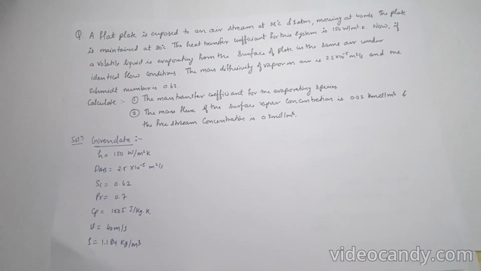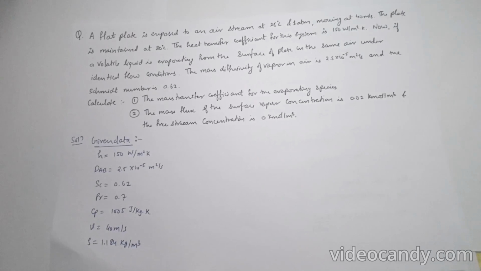A volatile liquid is present on the surface of the plate, which is evaporating under the same conditions. The mass diffusivity of the vapors in air is also given, which is 2.5 into 10 to the power minus 5 meter square per second. And we have also been given the Schmidt number as 0.62.